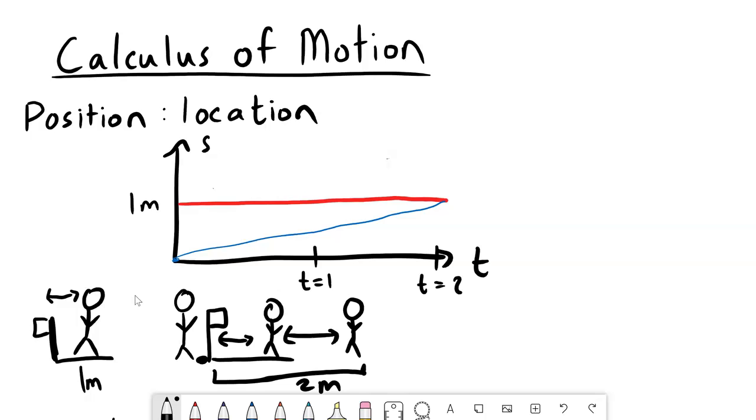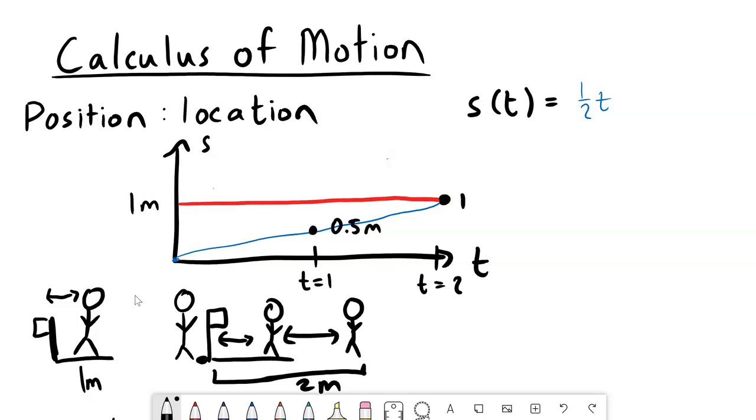And position is important because we can actually make it in terms of a function. So this blue line actually is a function. It is defined as 1/2 t. So whatever t is, I'm just half of it. Let's see if that's true. Halfway here is about 0.5 meters, and this is 1.